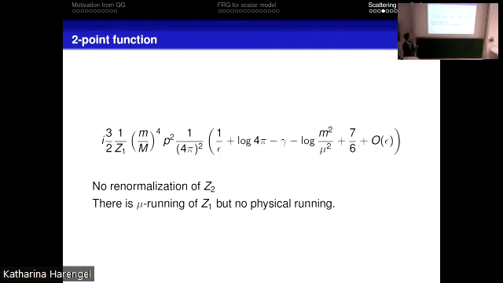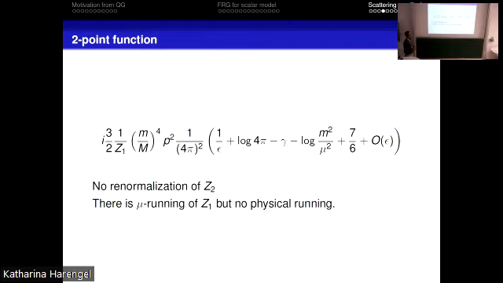So you have to renormalize Z1, but you see there is a term here which goes like the log of m square over mu square. And if you take the derivative of this with respect to mu, you will get a beta function for Z1. This is what I called mu running in my first slide. But you see that this mu running says nothing about the momentum dependence of the two-point function.